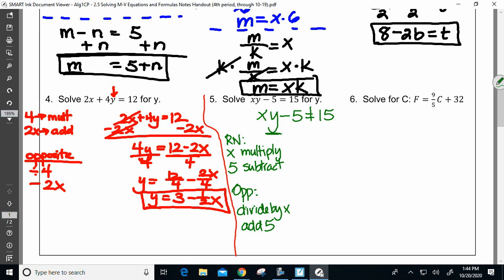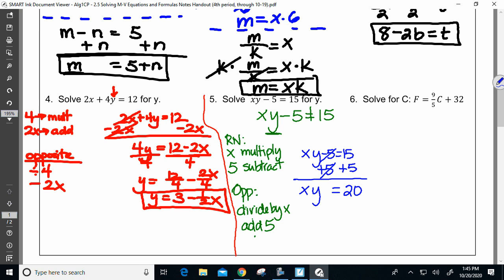So we have xy minus 5 equals 15. So when we're solving an equation, what comes first? Adding or dividing? Adding will go first. So we're going to add 5 on both sides. So you have xy, the 5 drops out, equals, what's 15 plus 5? 20.